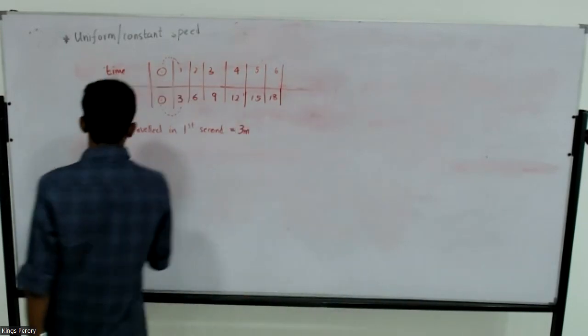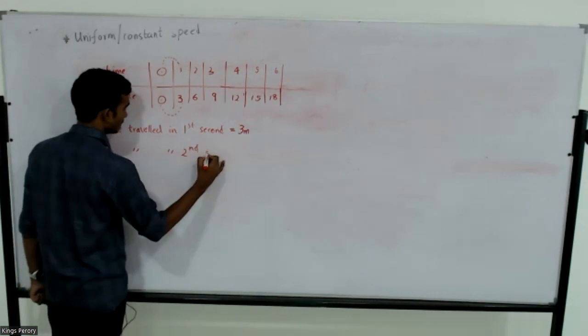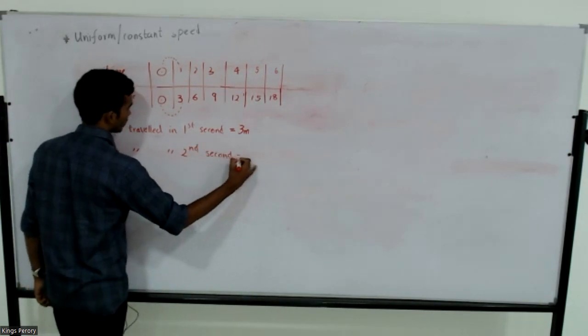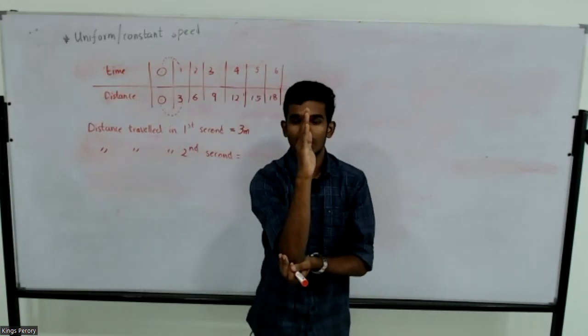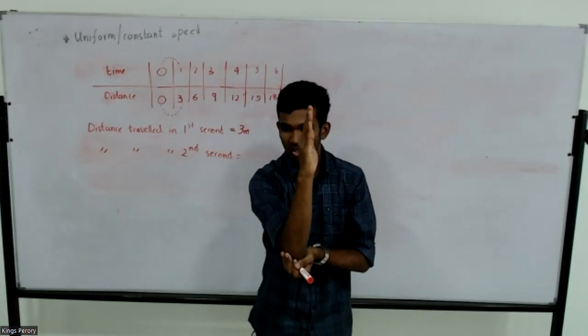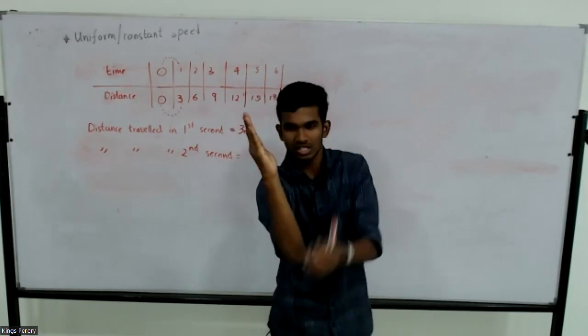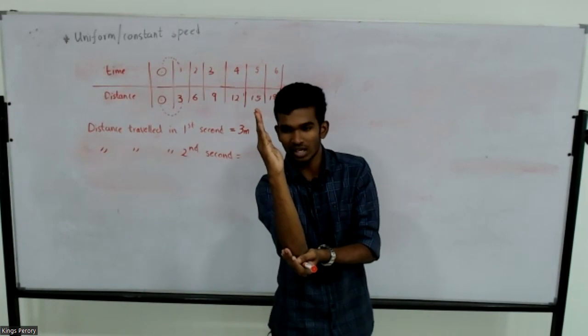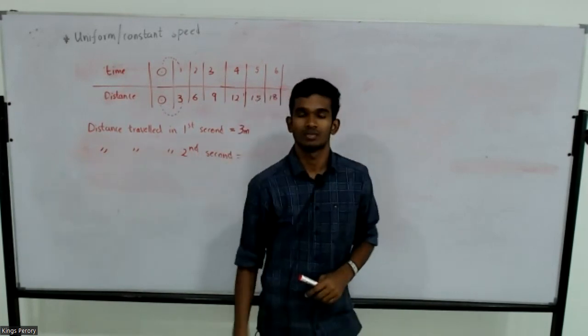Next, what is the distance traveled in the second second? What does second second mean? Now the stopwatch came to 1 second. 0 to 1 second is the first second. Now it is at 1 second. 1 second to 2 second is my second second.